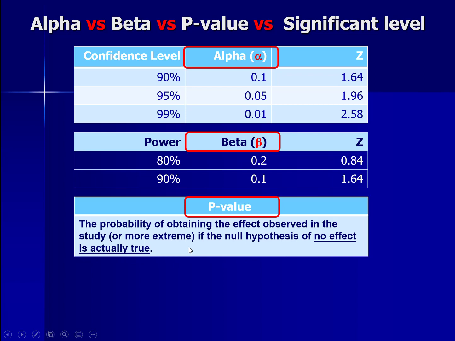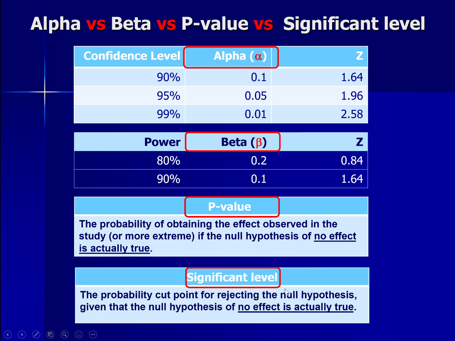In other words, if the mean difference is 0, what is the chance that one study obtains an effect of 3 kilograms or more extreme? That's the meaning of the p-value. So you can see the difference now. I will summarize later.